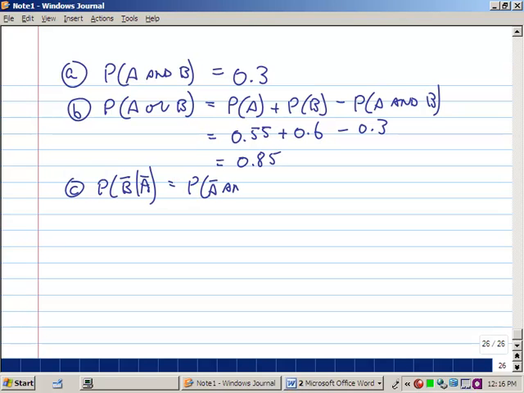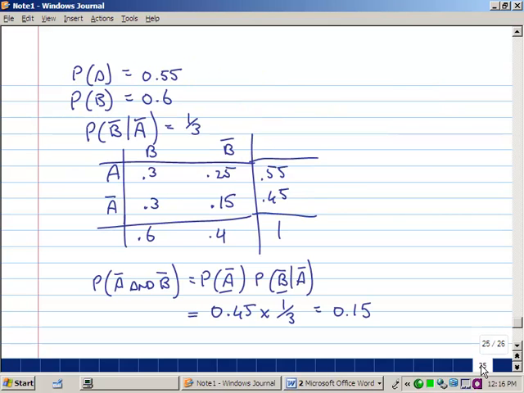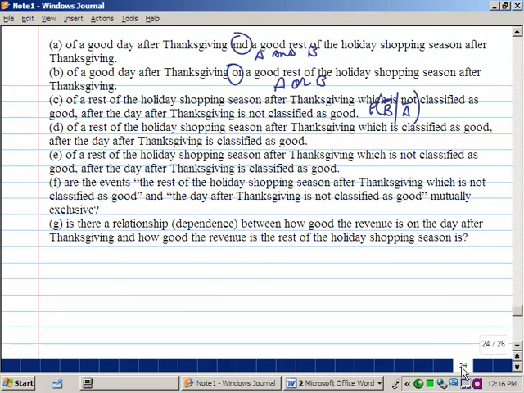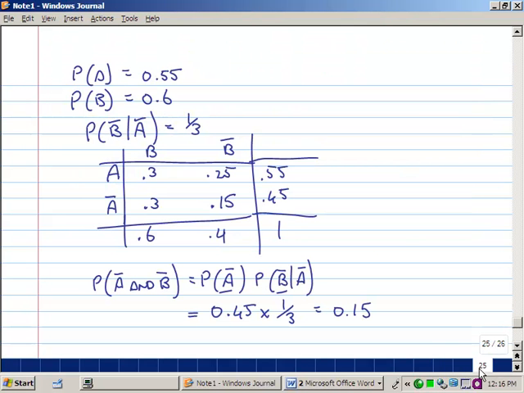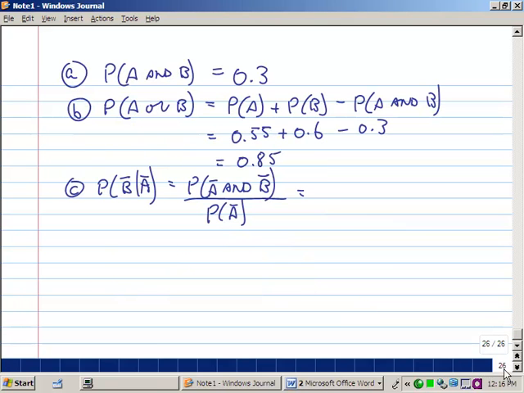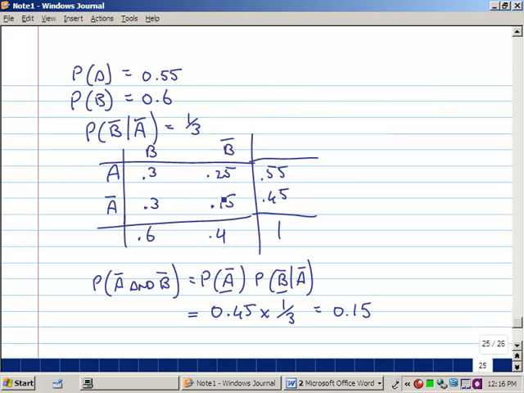The formula: A bar and B bar divided by, since it's conditioned on the left there, A bar. Sorry, let's have a look at that again. A bar and B bar is 0.15, divided by the probability of A bar.